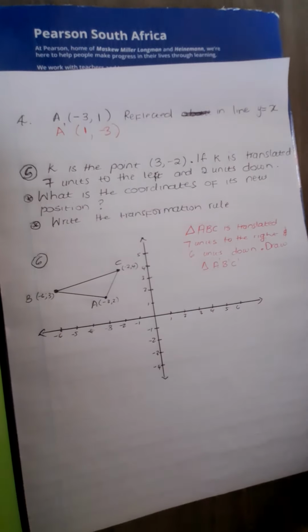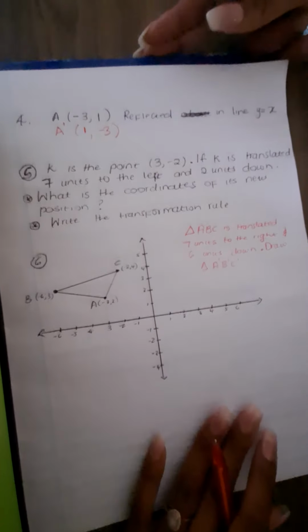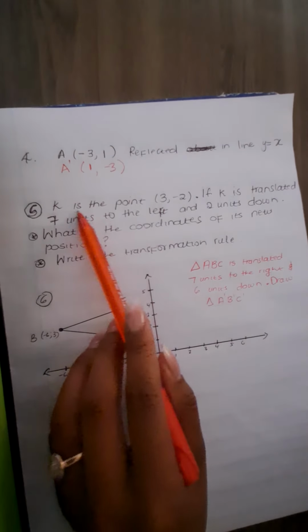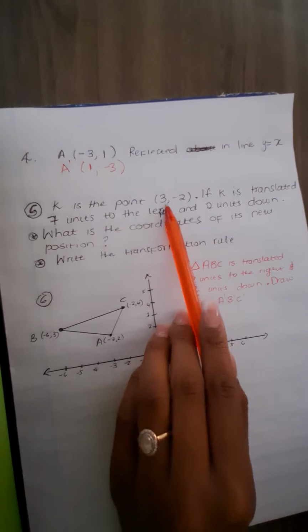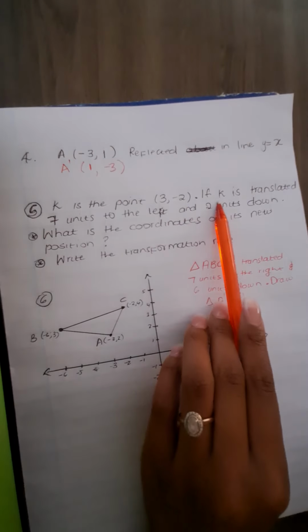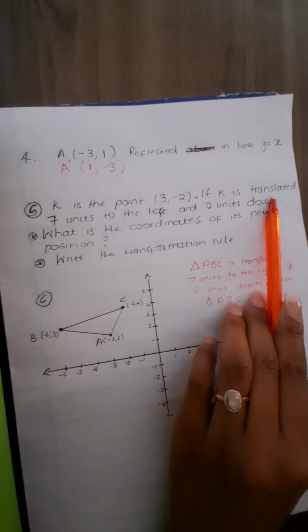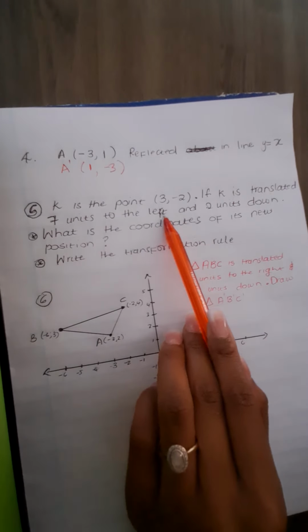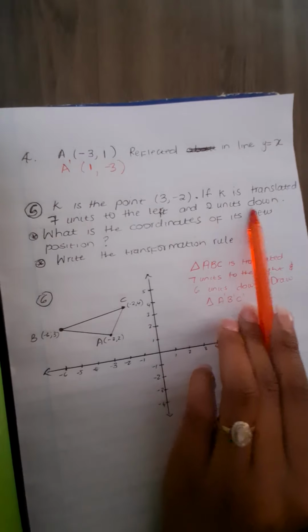For number 5, they are telling us that K is the point 3 and -2. K is translated 7 units to the left and 2 units down.